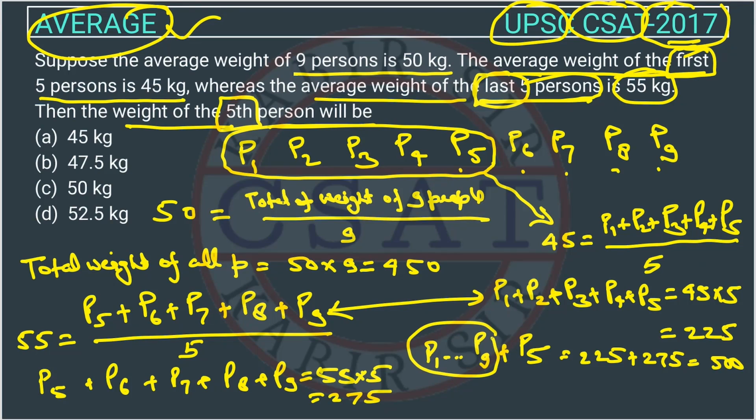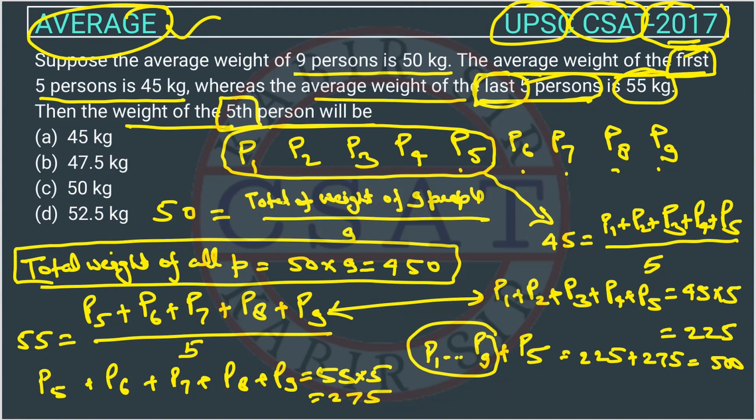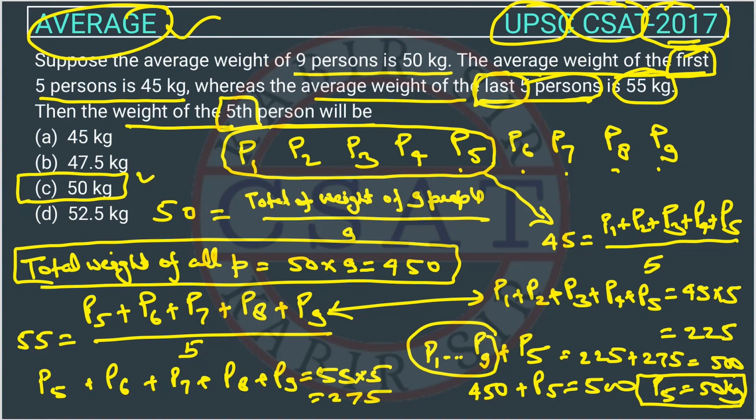We know this thing from here. We have calculated it, the total weight of all people. So this is 450 plus P5 is equal to 500. If we solve it, we get P5 is equal to 50 kg. They ask the weight of the fifth person, so the weight of the fifth person is 50 kg.